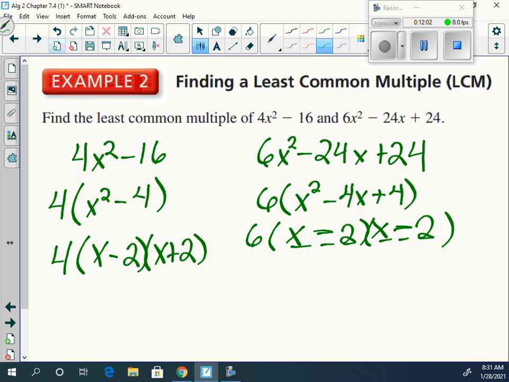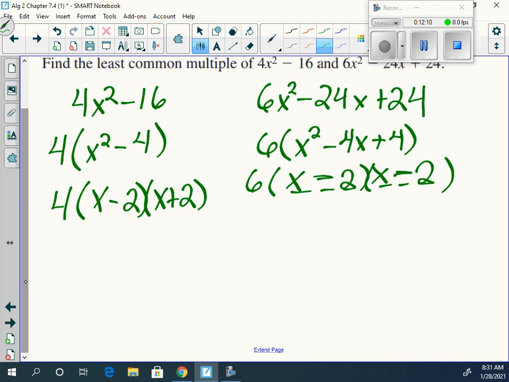Now, when we talk about least common multiple, this is one of the ones that normally people get a little bit confused with greatest common factor. Because with greatest common factor, we're looking for the biggest number that is shared across all terms. With least common multiple, we're looking at both of these here and seeing what factors are shared, or which one has the most of each factor.